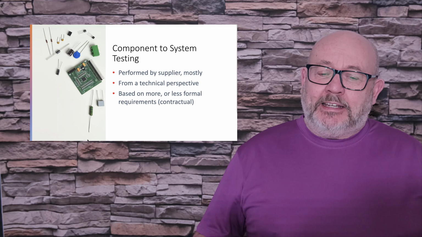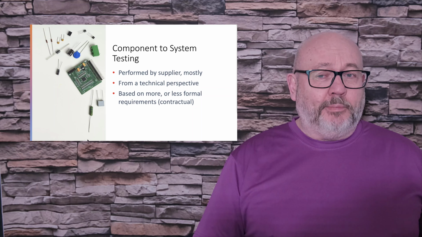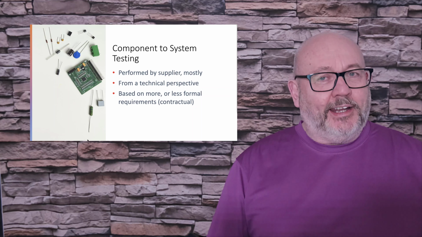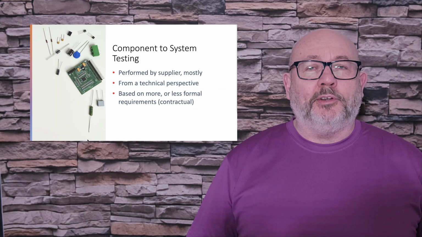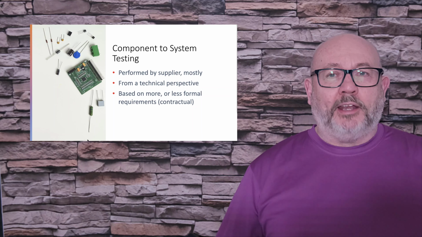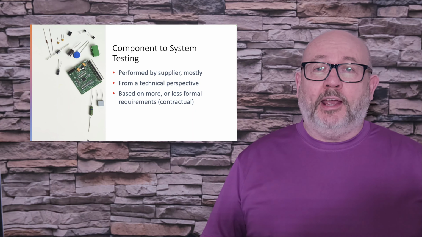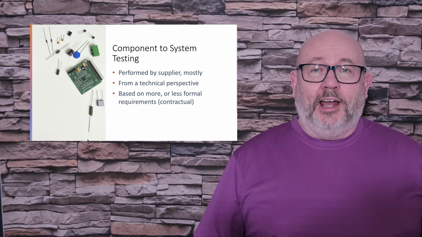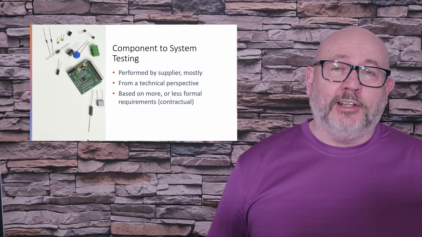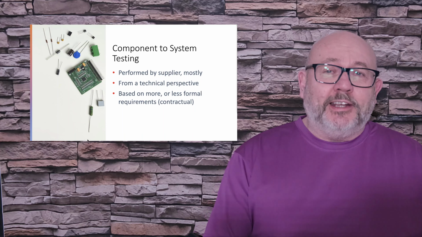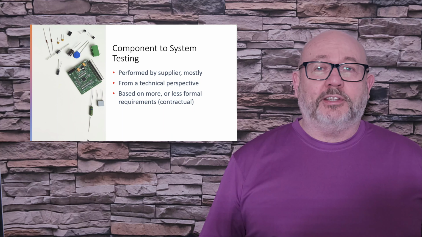Okay, and these people tend, even if they're independent testers, independent of developers, they're coming at things from a technical perspective, and by that I mean they're looking primarily at the requirements to show that the supplier has met their contractual obligations. And that's the thing, even if you're working in an agile project and the supplier is providing the technical expertise to deliver your system, there's still an aspect of contractual obligation to follow user stories and so on.